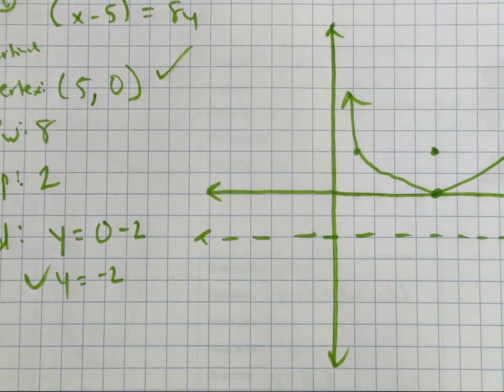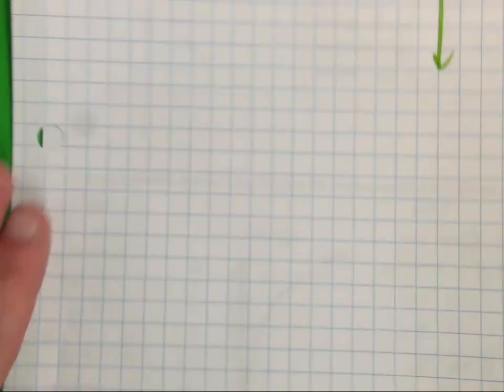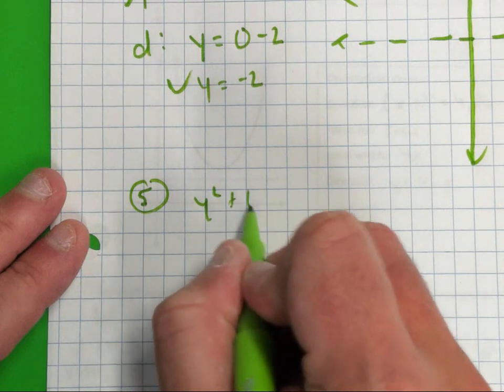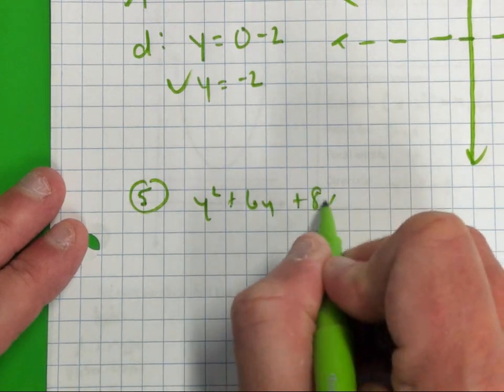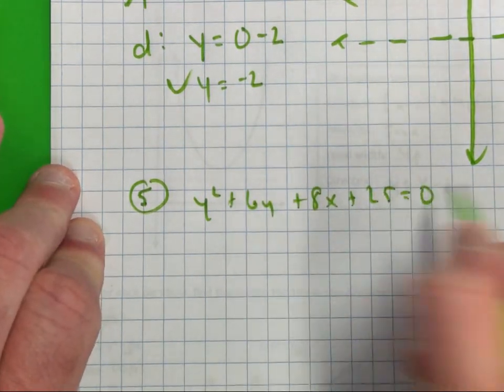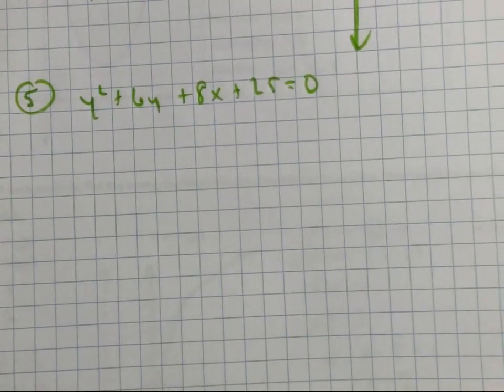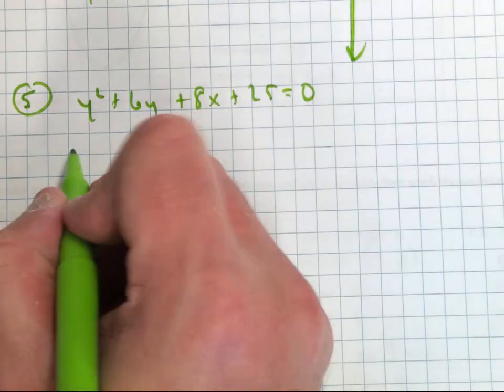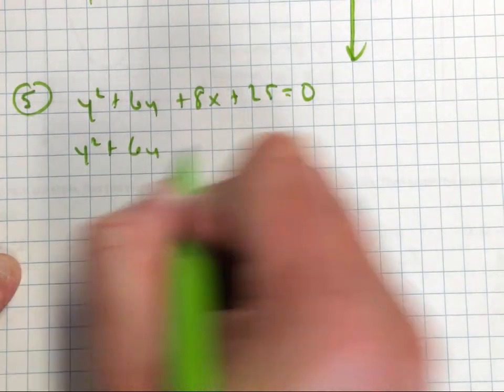All right, let's look at number 5 on the back page. Notice number 5 is nowhere near standard form, so you know there's going to be some type of completing the square. y squared plus 6y plus 8x plus 25. Since y squared comes first, you're going to leave y first. So I'm going to leave y squared plus 6y.